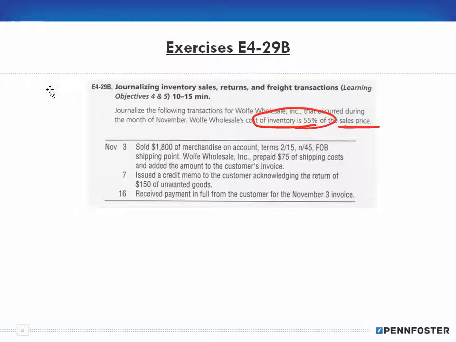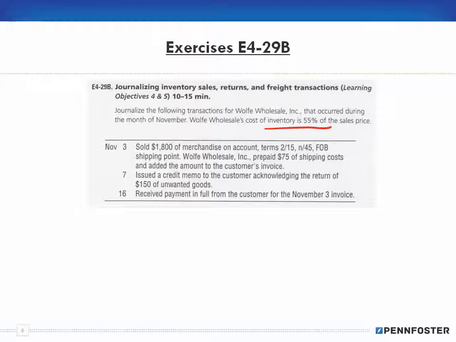Here, they're telling you that the cost is 55% of the sales price. It's the same idea, except now you have an additional step. That's where all of the tweaking in doing these problems becomes important, because the more of these you can do, the more you see these variations, and the more you understand the underlying concepts. So the cost of the inventory is 55% of the sales price.